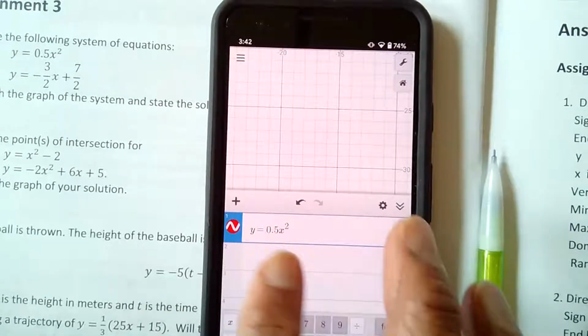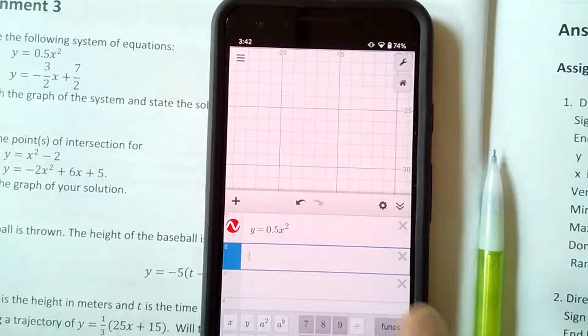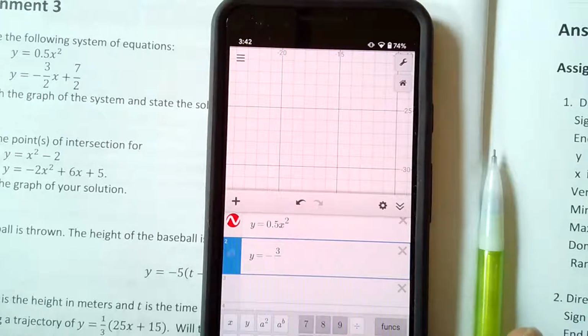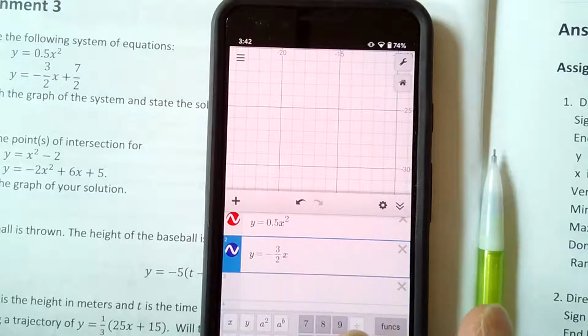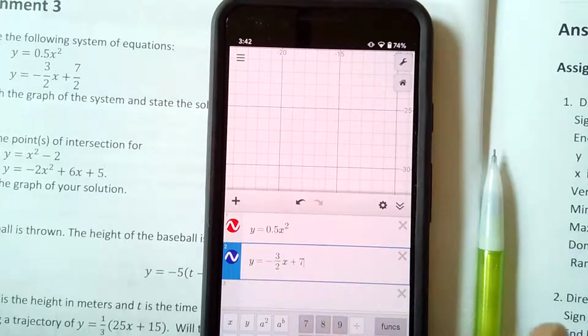So that's my equation. My second one is y equals negative 3 divided by 2 x, plus 7 divided by 2. Desmos automatically puts it in fraction form, not so in the graphing calculator.